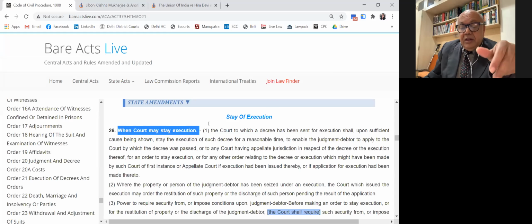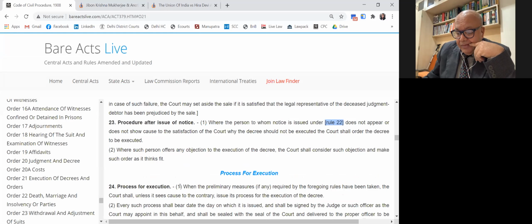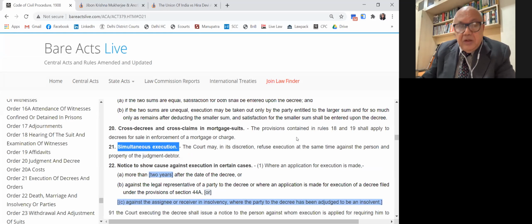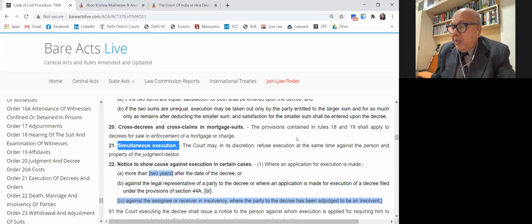Okay. Then another provision for stay of execution is Order 21 Rule 21, where there are different courts. Order 21 Rule 21 में check करें आप.